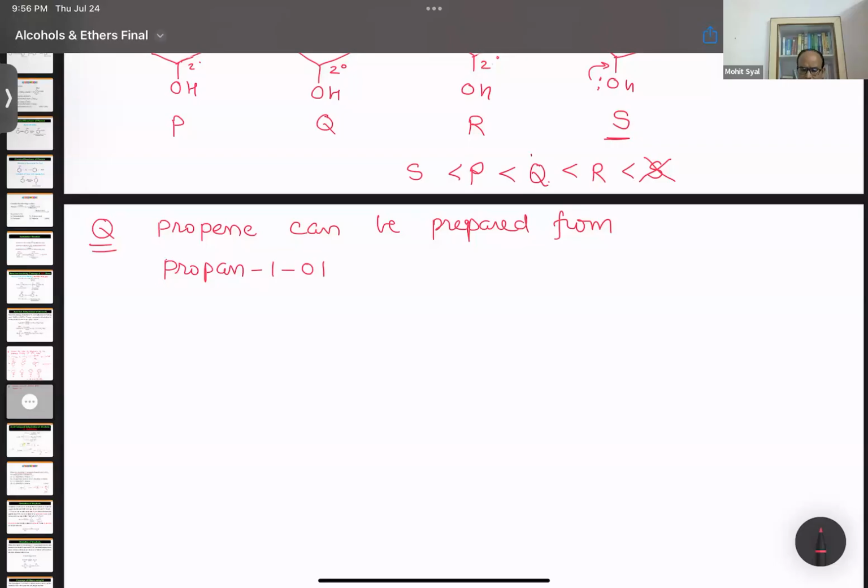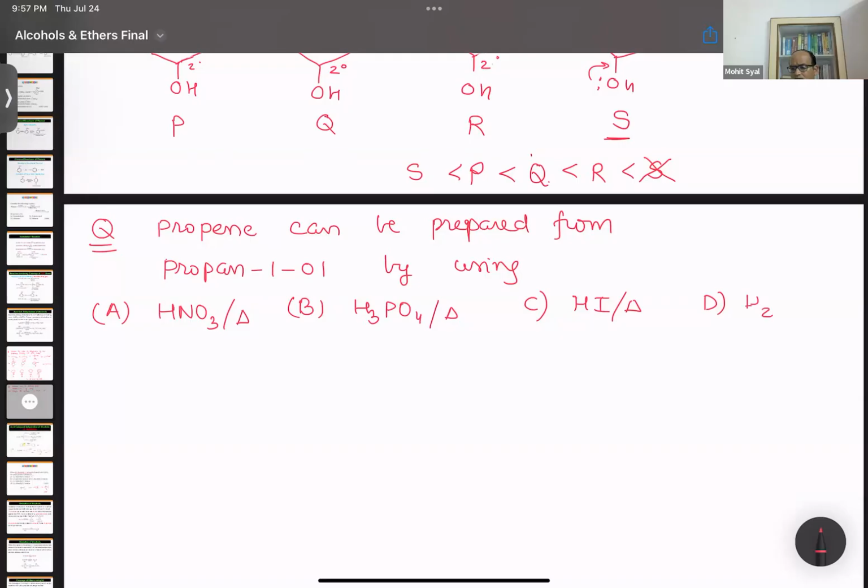from propan-1-ol. A very easy question. What is the right answer?